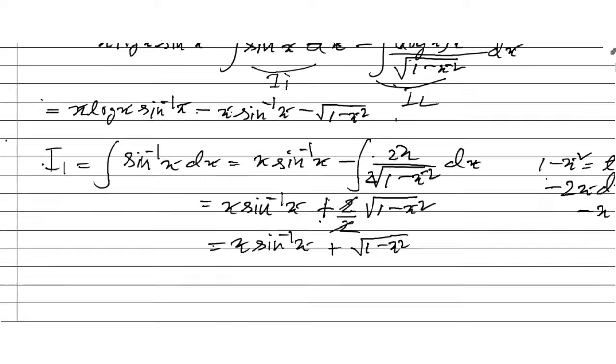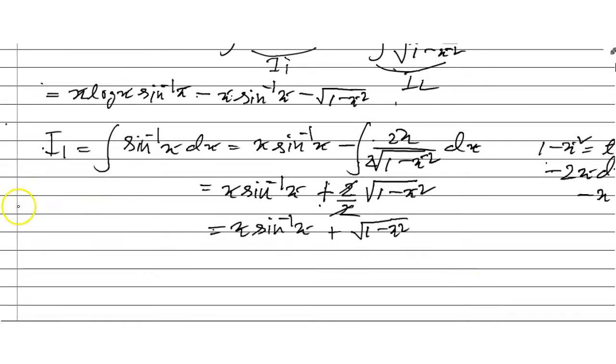Again we will solve I2. What is the value of I2? I2 is equal to integration x into log x root over 1 minus x square dx. So how can we solve this?